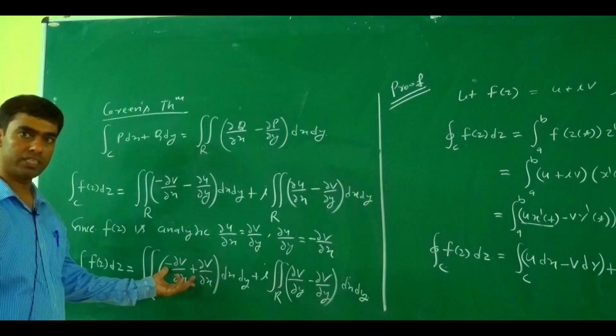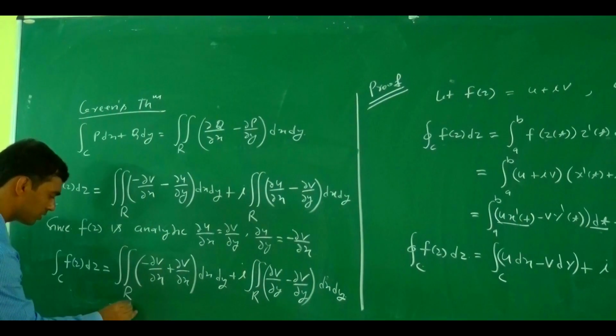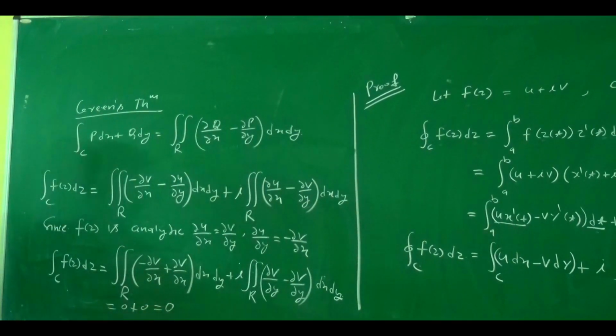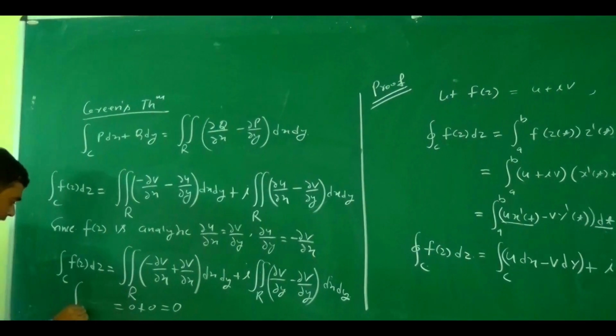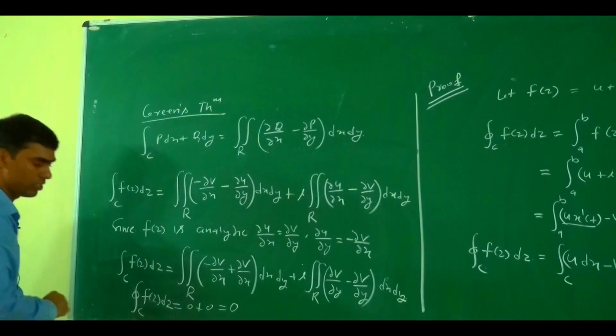This becomes 0, and this also becomes 0. So the value is 0 plus 0, which is 0. So the integral over C of f(z) dz equals 0.